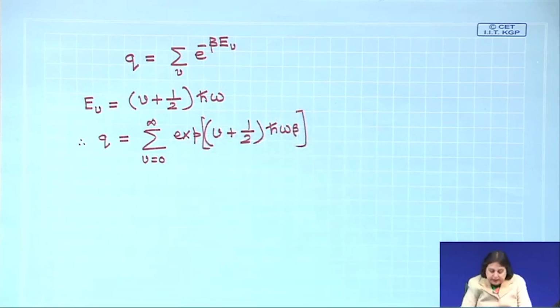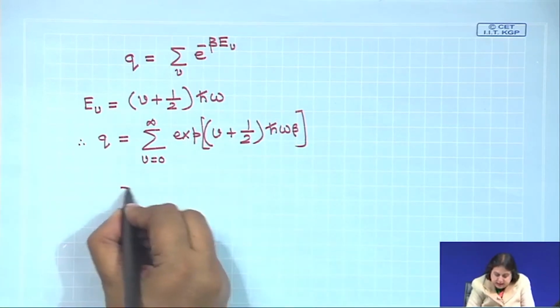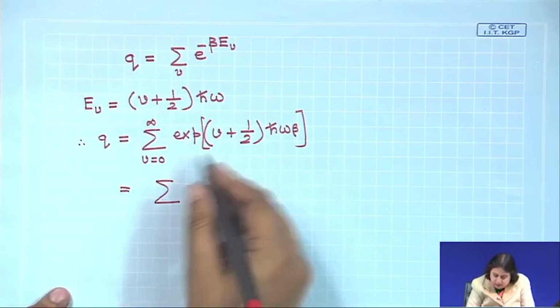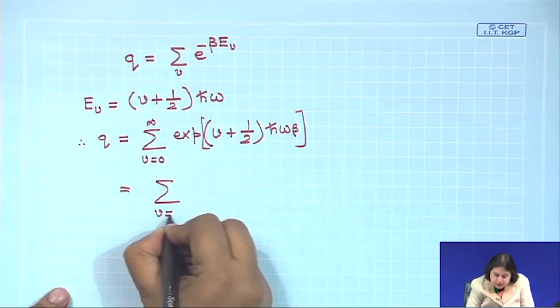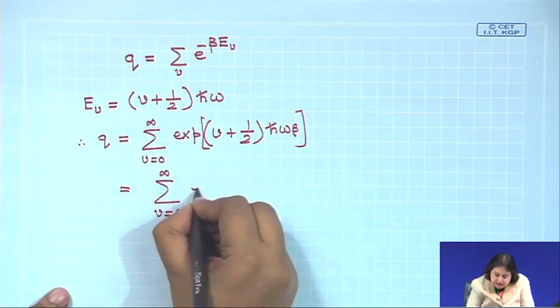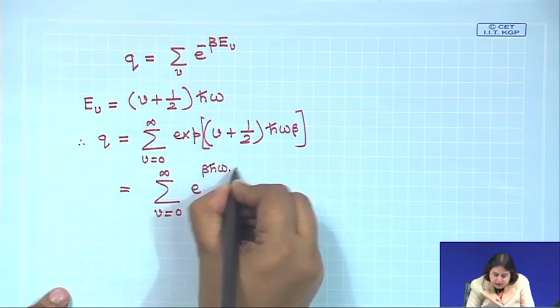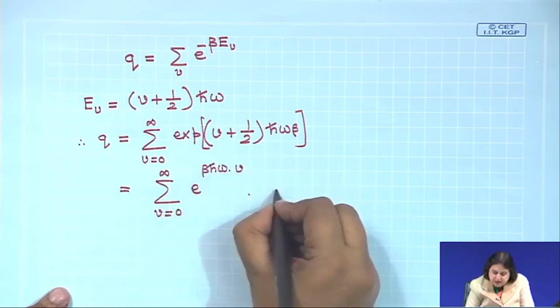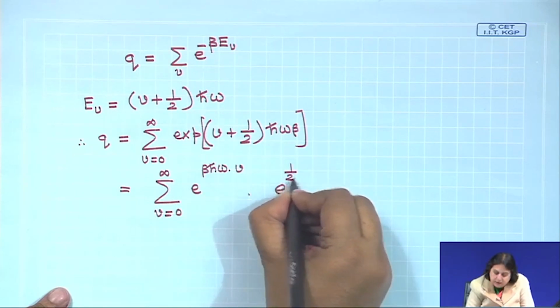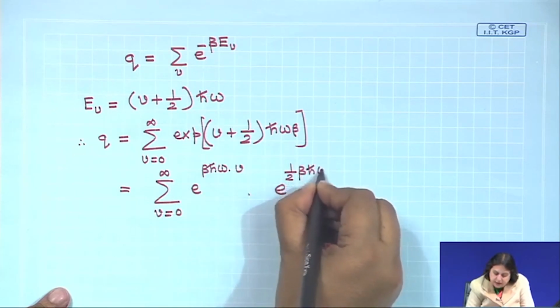Okay. Now, I see that there are two portions within the summation. One portion is e to the power of minus beta h cross omega into v, another portion is e to the power of minus half beta h cross omega.